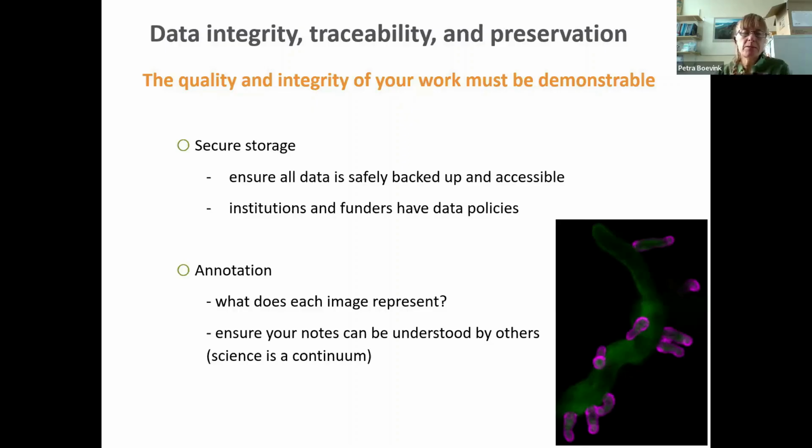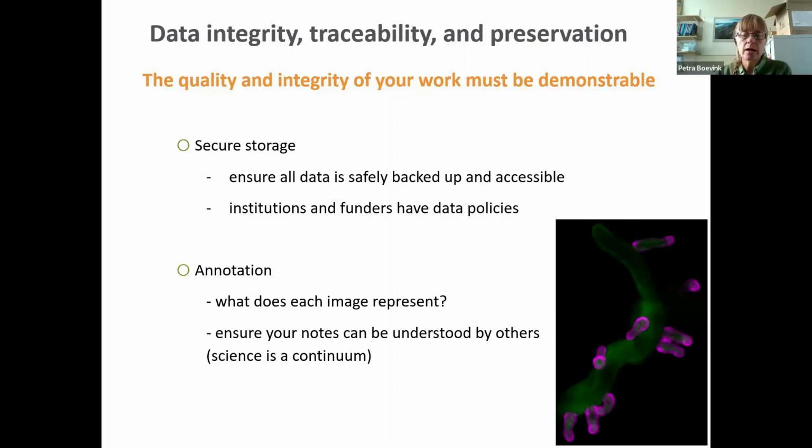So a particular bugbear of mine is annotation. When you're in the thick of an experiment and you think, oh, of course I know what that is. Of course I'm going to remember exactly what that is, exactly what I did and why I did it. But believe me, give it a year or even less, you will not remember. So make notes, lots of notes, and back them up alongside your images.